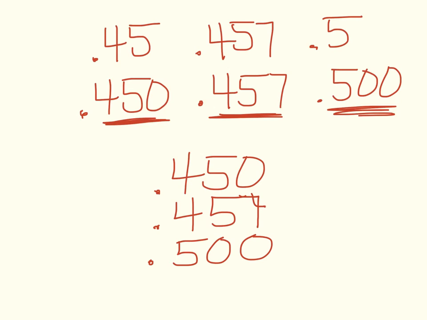So when you go to compare or order decimals, make sure you are comparing and ordering with the same number of decimal places, with the same decimal place value. Like we did here, we had to turn them from different sizes where we had a 2, a 3, and a 1. We needed to turn them all into the 3s before we could compare them or order them. So that is working with naming and comparing and ordering decimal numbers.